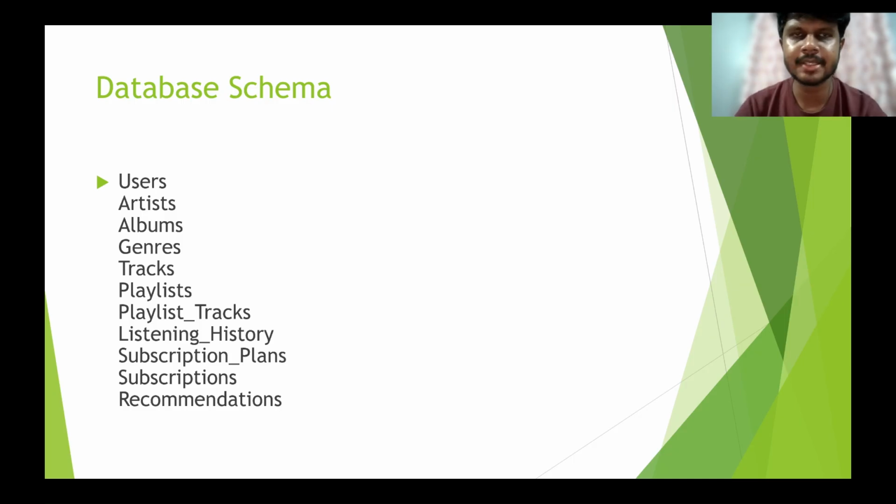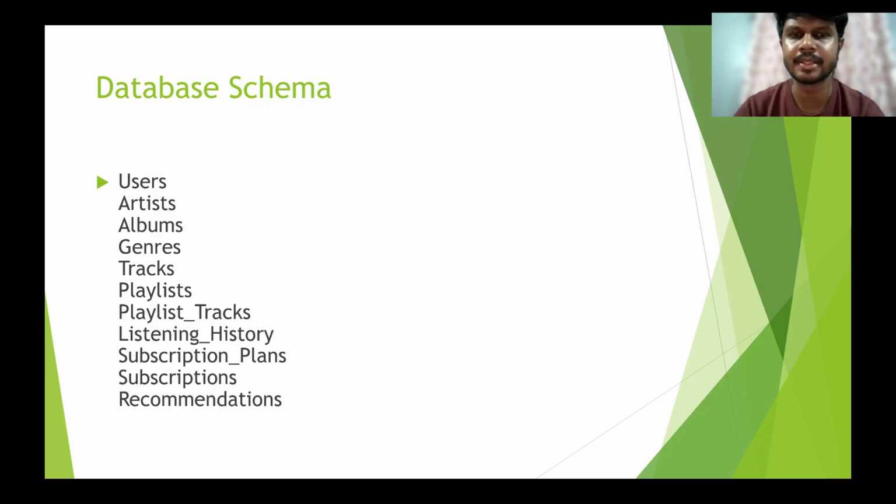So after understanding the product, I designed a normalized PostgreSQL database schema. The schema contains 11 core entities, each stored in table format, holding one specific type of information and reducing duplicate data.